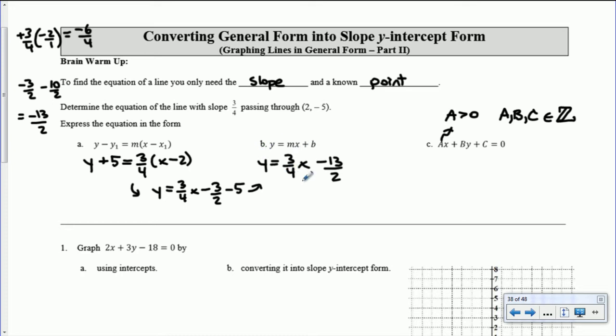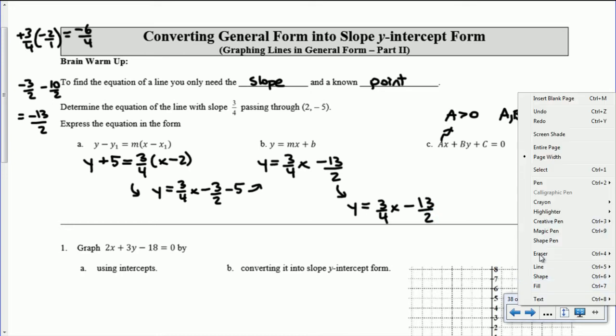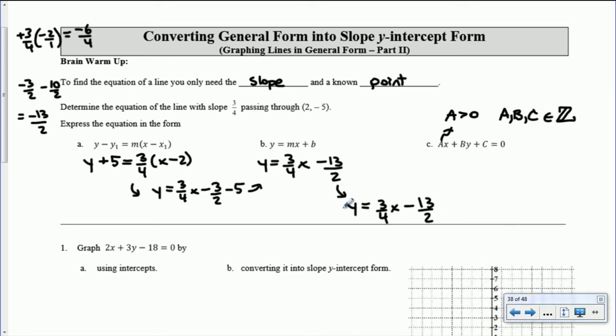I also need to get rid of the denominators here because 3/4 and -13/2 are not integers. So let's start by getting rid of those denominators. The quickest way I can do that would be to multiply everything by 4.